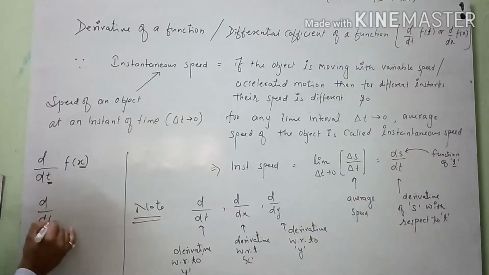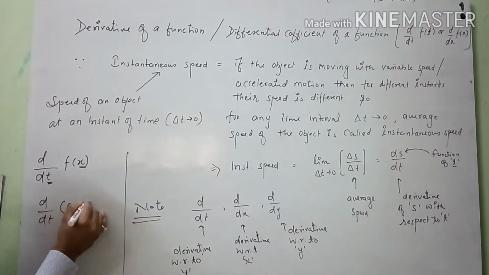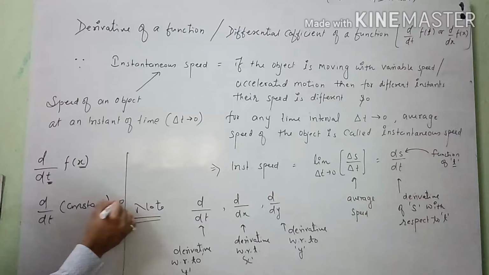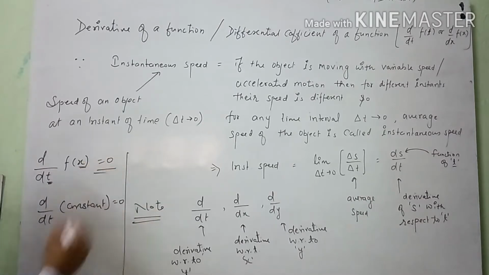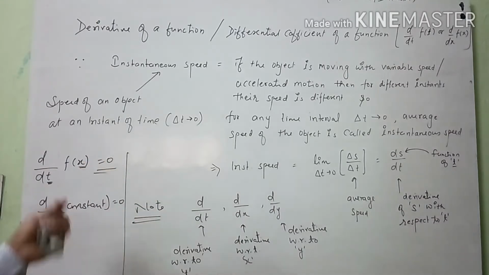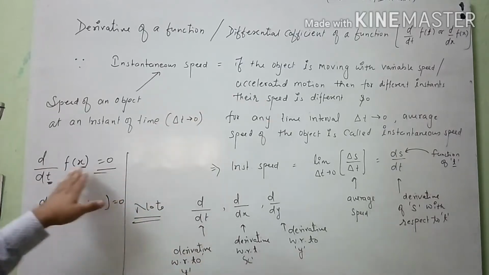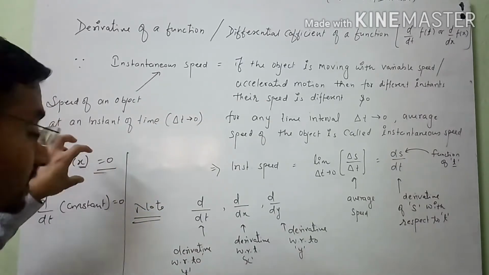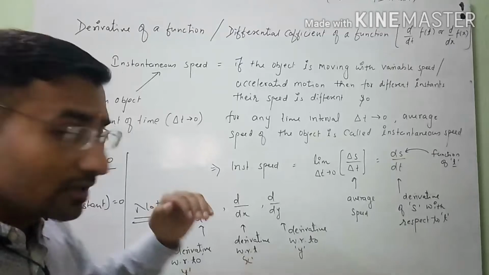Meaning the derivative of any constant number is 0. So here the answer is 0.